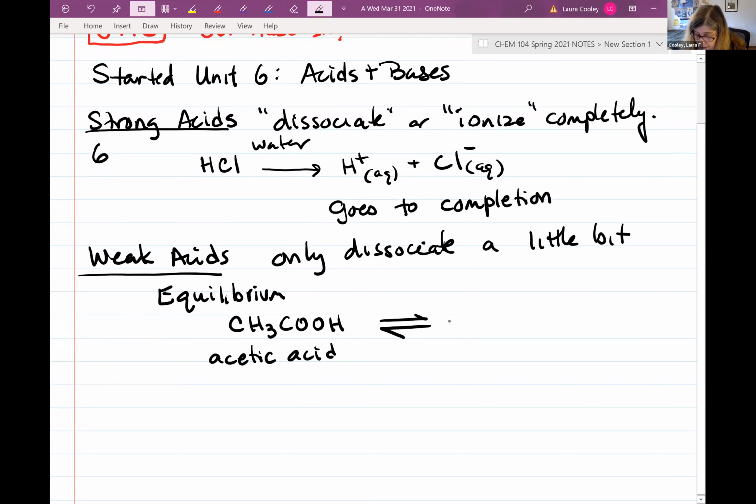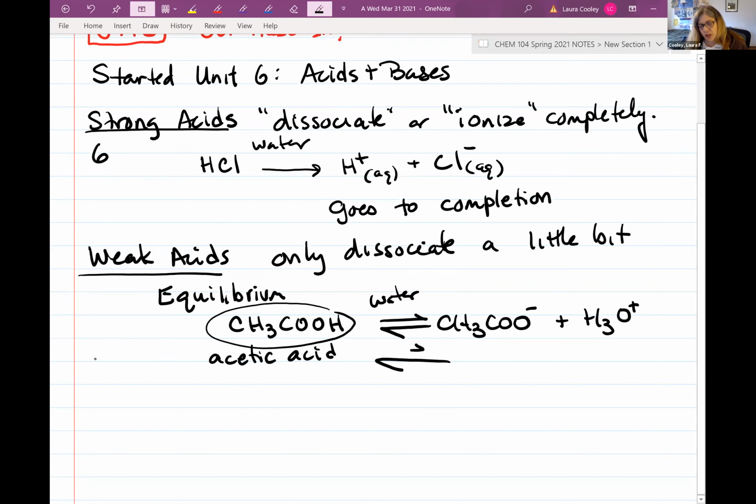It's in an equilibrium in water with CH3COO- and H3O+. And not only is it an equilibrium, but it lies really quite far to the left. It favors the undissociated acid. There's way more of this and much less of this at equilibrium.